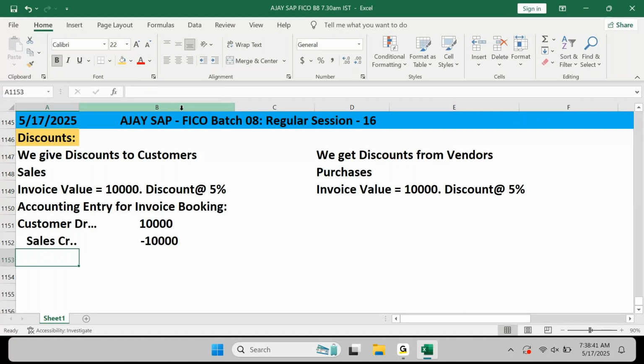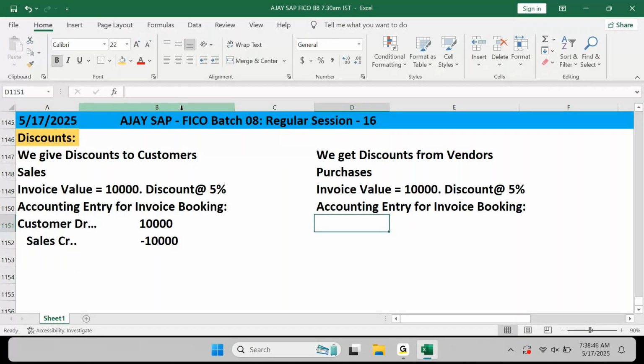And here also for the vendor. Purchase debit. Remember, only now we are writing purchase. In general, we don't write purchases. Purchase must be replaced with either an expense account, a material account, or an asset account.